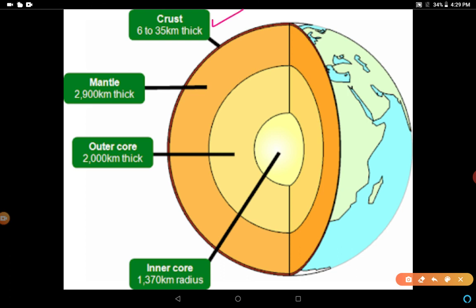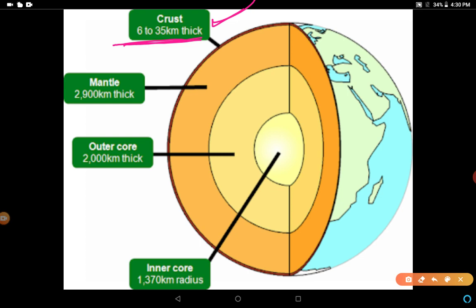First, the crust. As I told you, this is the thinnest layer of the earth. Its depth, or we can say radius, is from 6 to 35 kilometers. The uppermost layer over the earth's surface is called the crust, and it is the thinnest of all the layers.